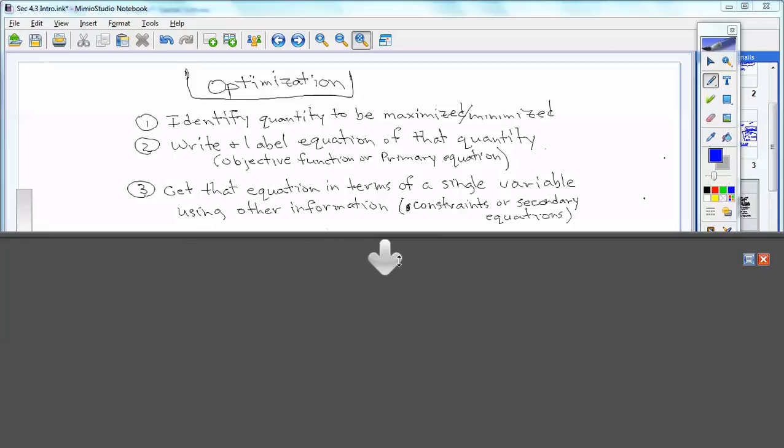So the first 3 steps are new. Once we get through those, we're then at the place we were in the last 2 problems that we just did. To me, the first 3 steps are where the difficulty lies in these story problems, getting the thing set up. Because once we have it set up, what do we do?